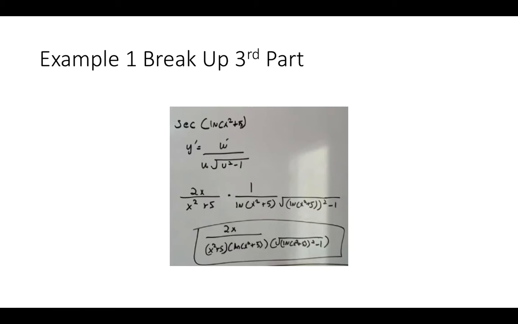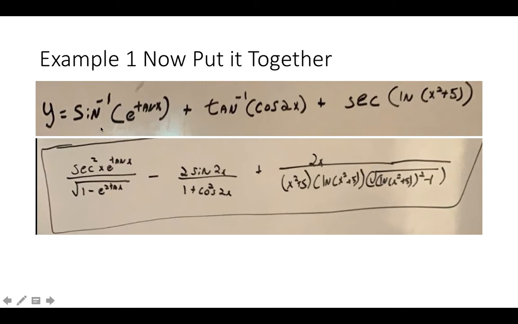Now, in order to find our final answer, we just put them all together. The final answer for the derivative of inverse sine of e to the tan x plus inverse tangent of cosine 2x plus inverse secant of ln of x squared plus 5 is, apologies, there should be an inverse sign over here: secant squared x times e to the tan x divided by the square root of 1 minus e to the 2 tan x, minus 2 sine 2x divided by 1 plus cosine squared 2x, plus 2x divided by x squared plus 5 ln of x squared plus 5 times the square root of ln of x squared plus 5 squared minus 1.